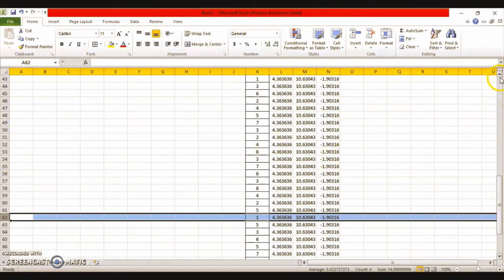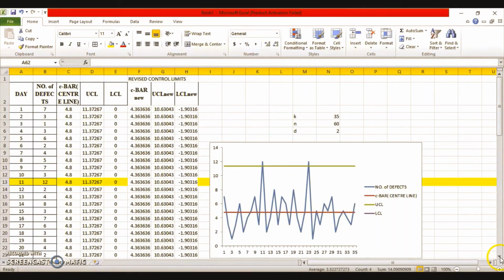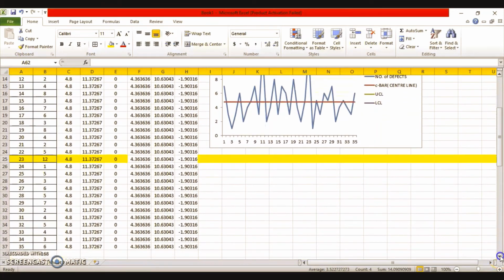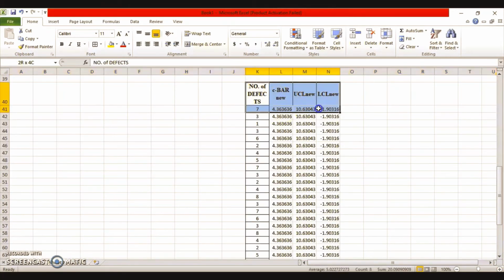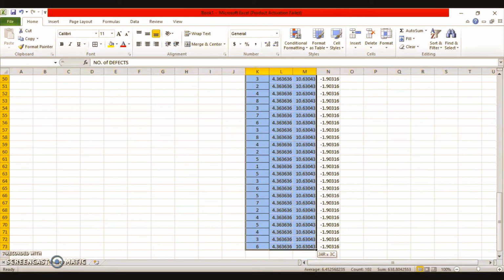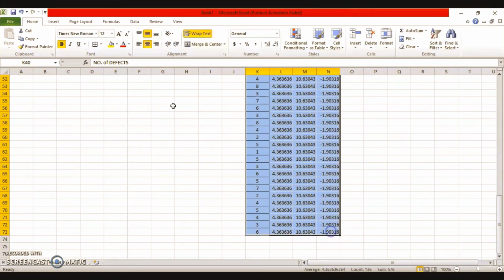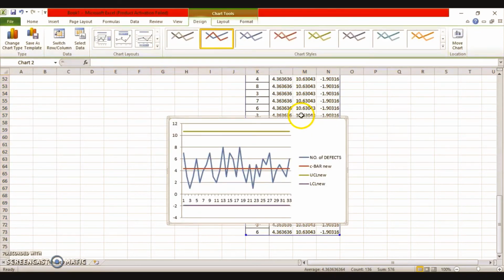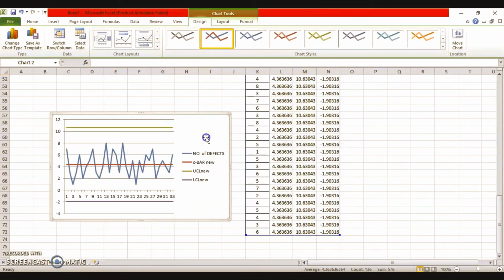That's it. And after that just have a look at this line graph first. Okay, now selecting again these 4 values and insert line graph.